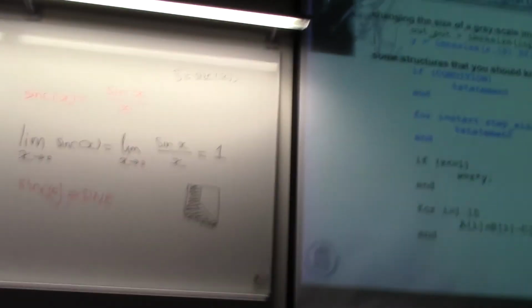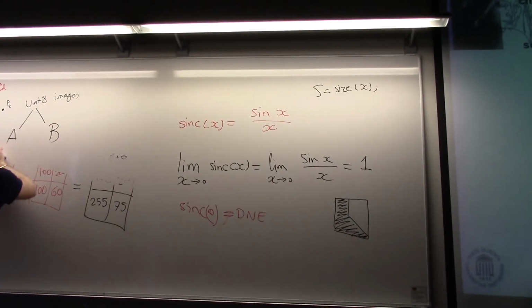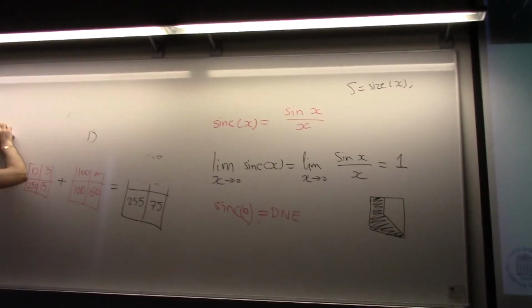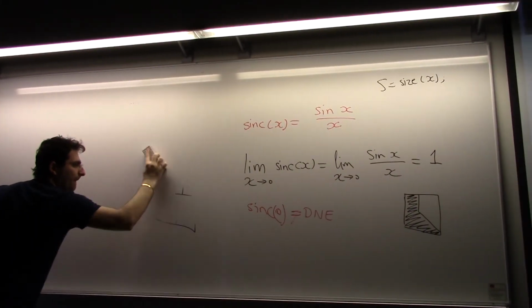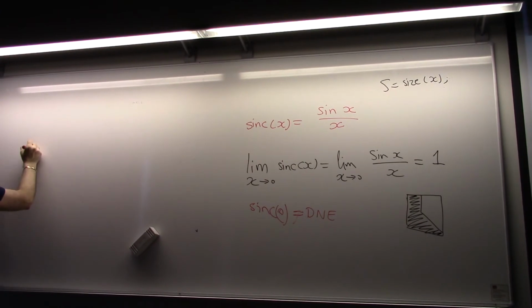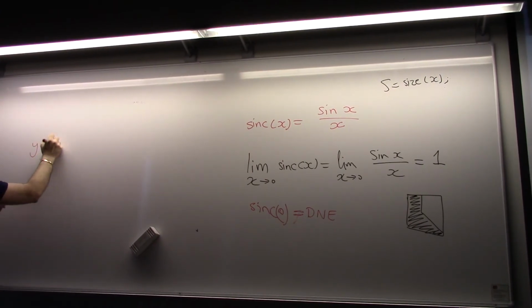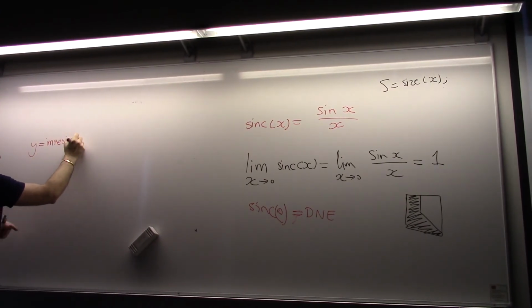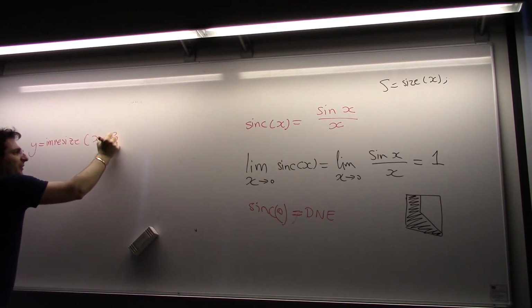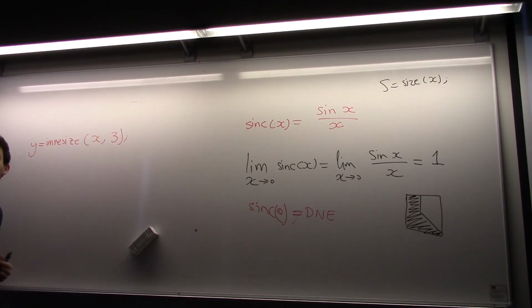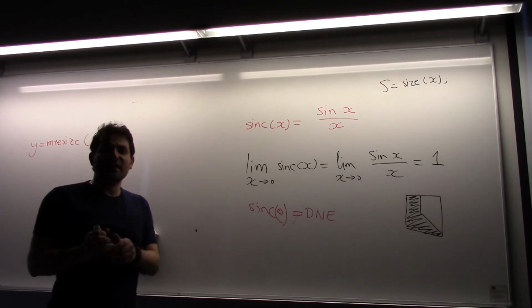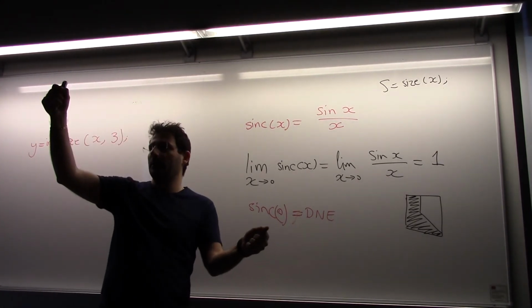Or you can use a syntax like this: the output is imresize image x and 3. This means make the image x 3 times bigger.